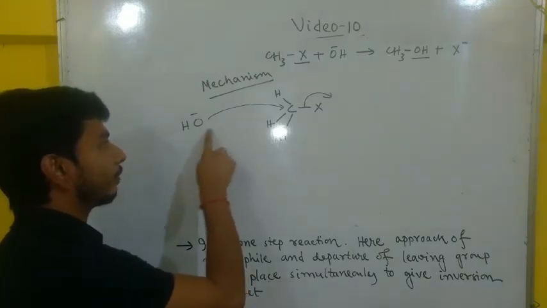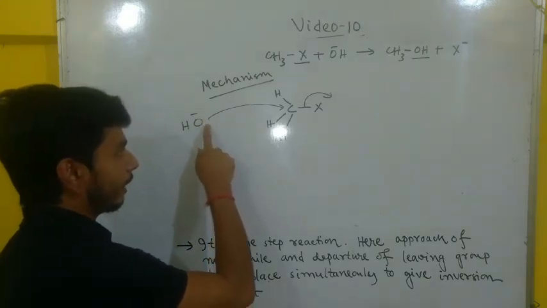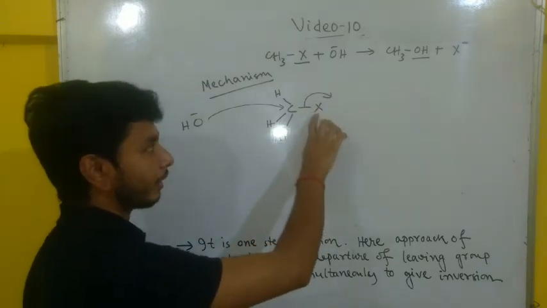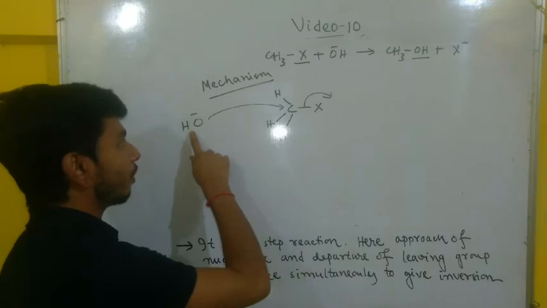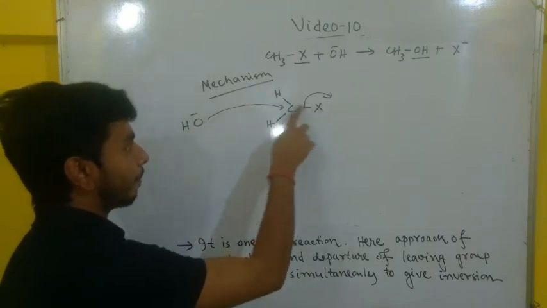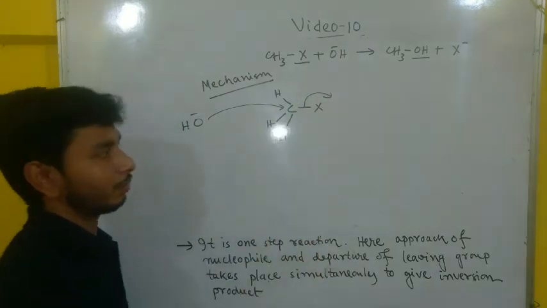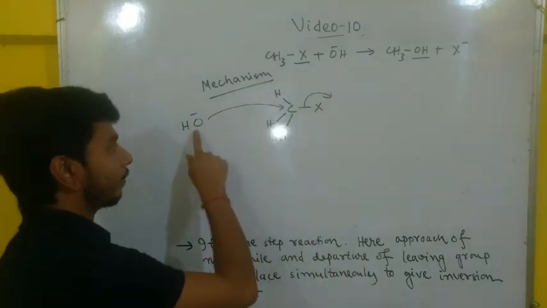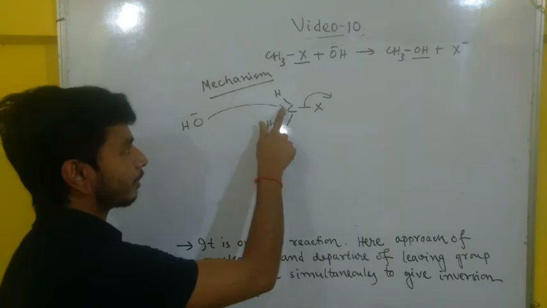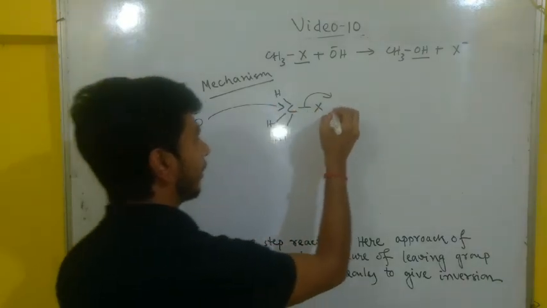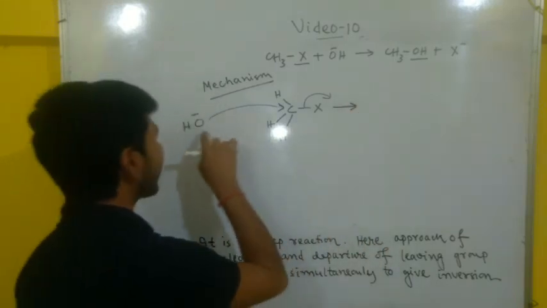Here this nucleophile will approach from the back side of the leaving group. This group is called leaving group because it is leaving. So nucleophile will always approach from the back side of the leaving group, not the front side. Now what are we getting?